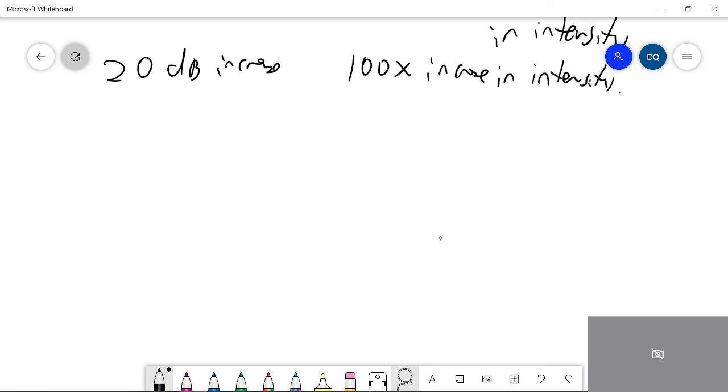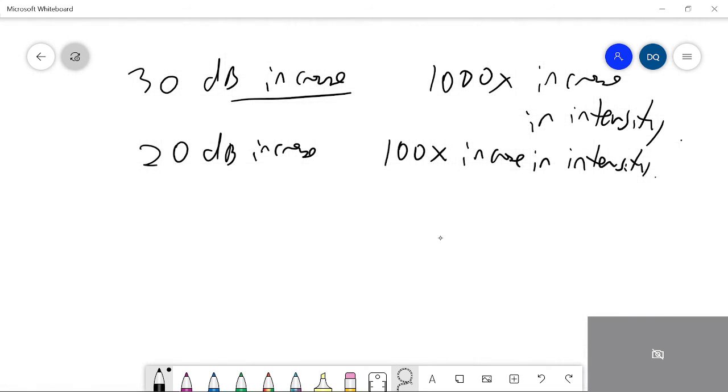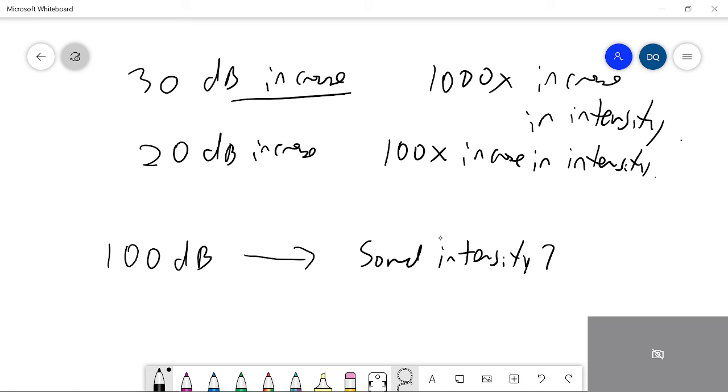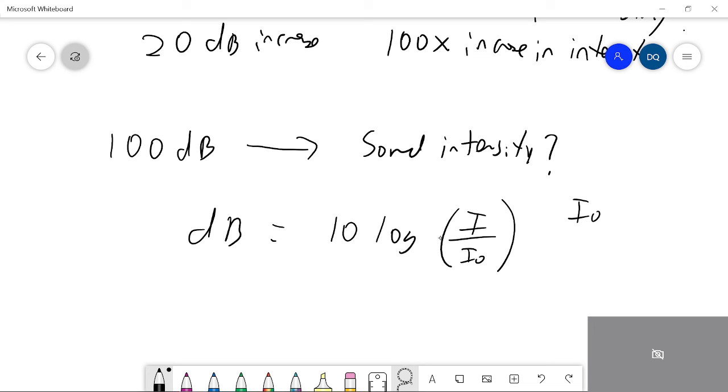Okay, so let's say you have something that's at 100 decibels. And I want to know what's the sound intensity. Remember, your decibel value is 10 times the log of the intensity you're looking for over I naught, where I naught is 10 to the negative 12.